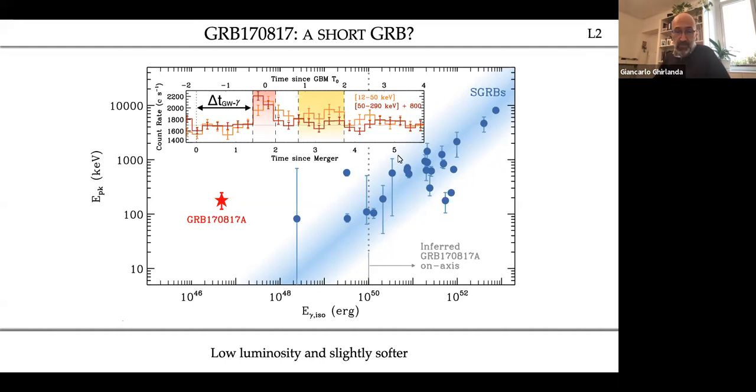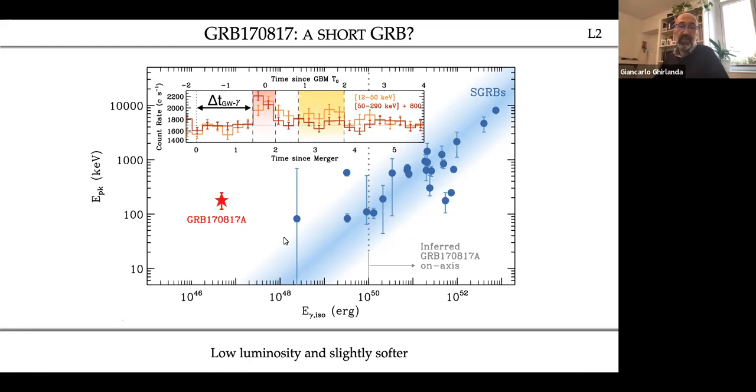Given the measurement of the distance of the source, the position in this plane that we saw yesterday, where now I just show the few short GRBs with measured prompt emission properties and redshift. The position of 170817 is quite displaced with respect to the other short GRBs.